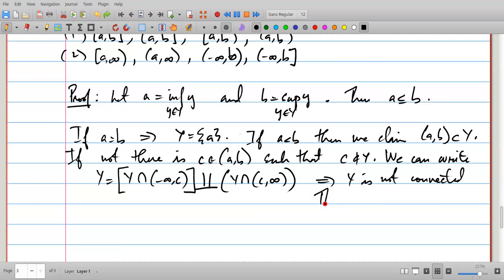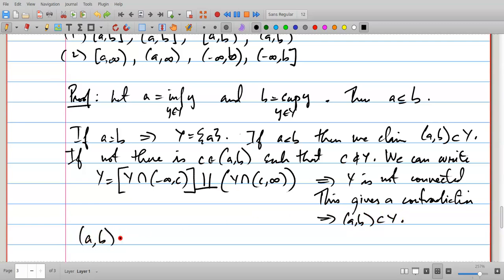So this gives a contradiction. Which implies that, as we claimed, (a, b) is contained in Y. And clearly we have Y is contained in C. So the rest of the proof is left as an exercise.